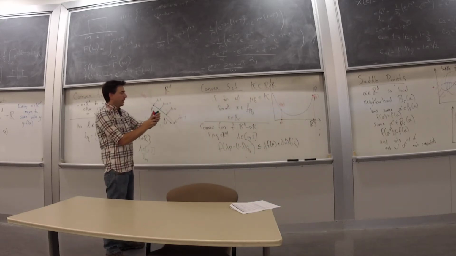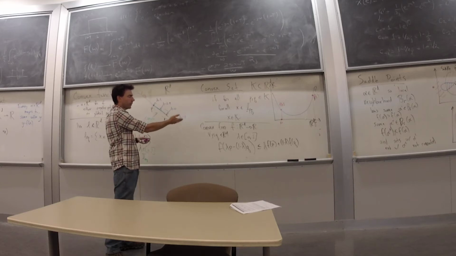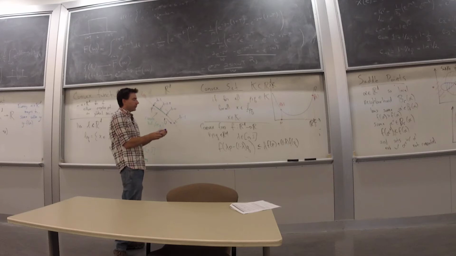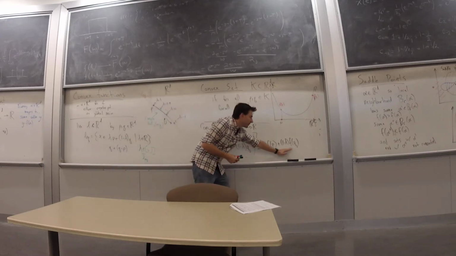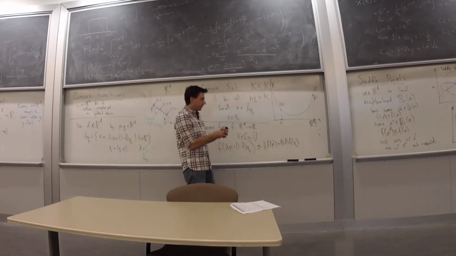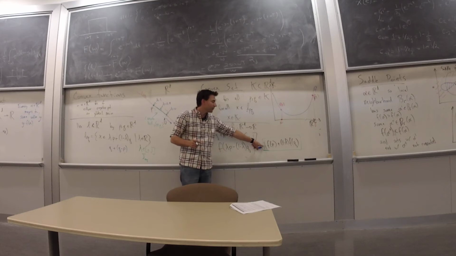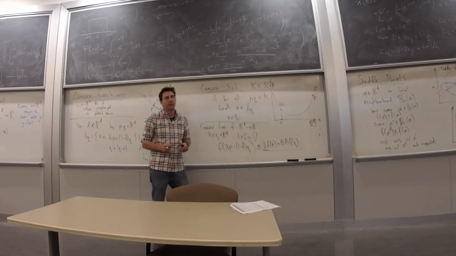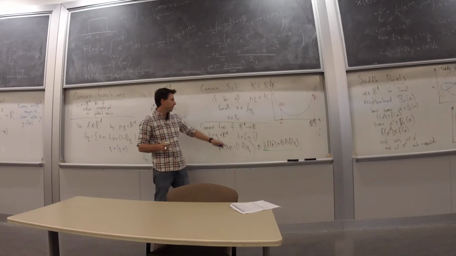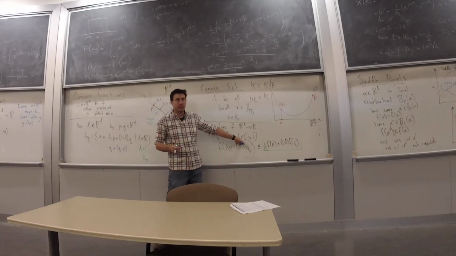Okay, and now I want to do this for all lambda. Let's start by thinking about this side here. What's the representation of this right-hand side here, for all lambdas between 0 and 1?